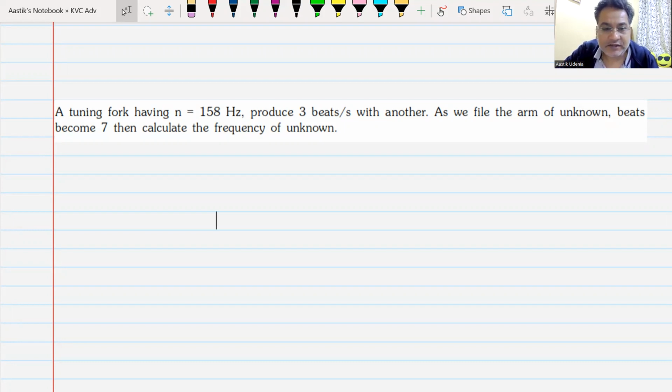As we file the arm of the unknown, beats become 7. Then calculate the frequency of the unknown.